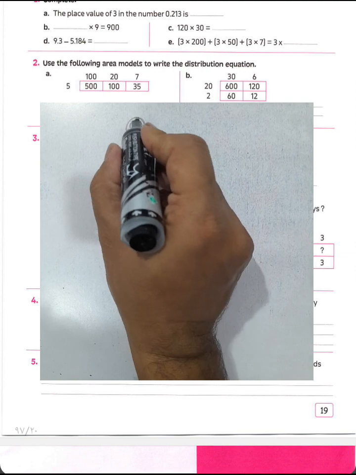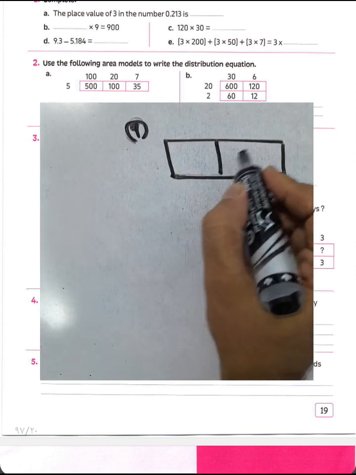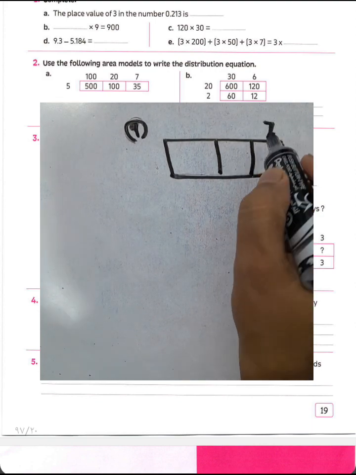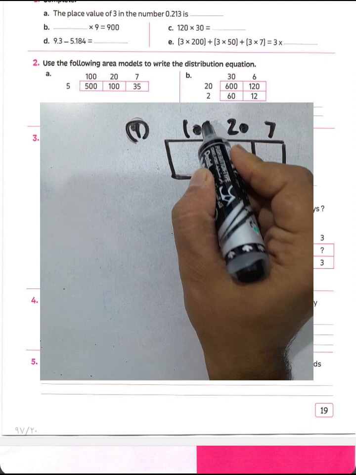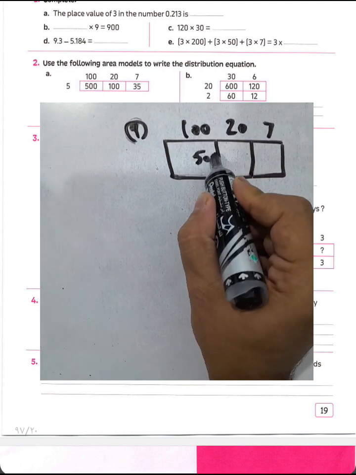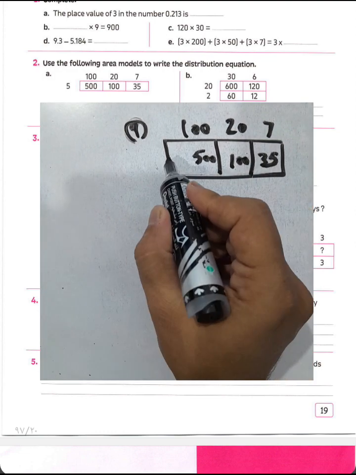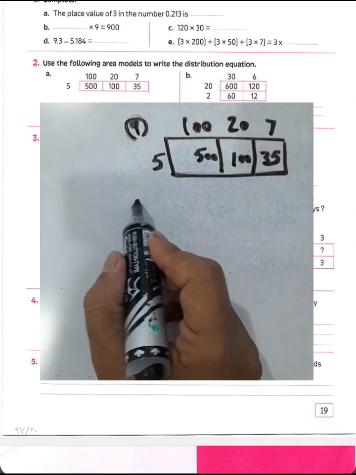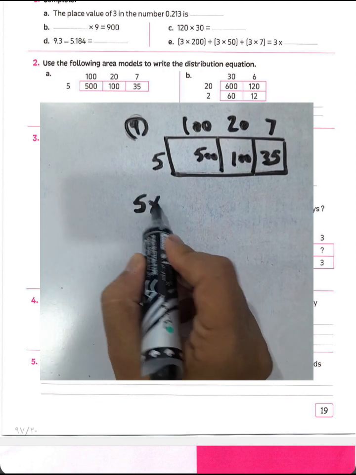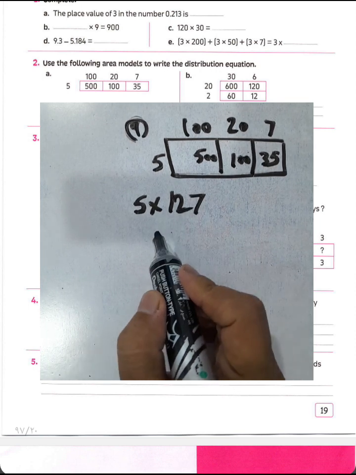Question letter A. We have the table here divided into 3 parts: 7 here, 20 and 100, and here 500, 135 and 5. We can write 5 multiplied by 100 plus 20 plus 7, which is 127.